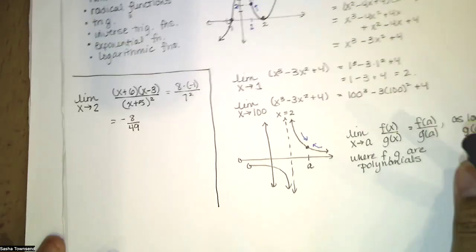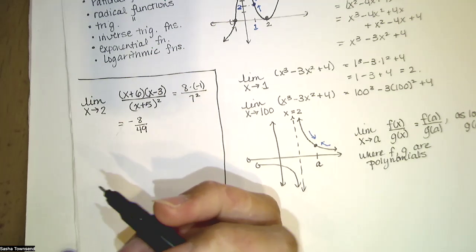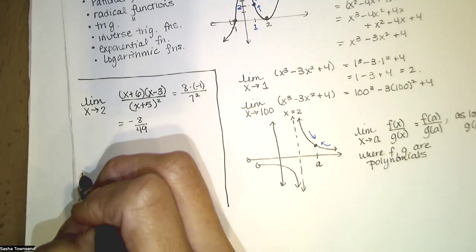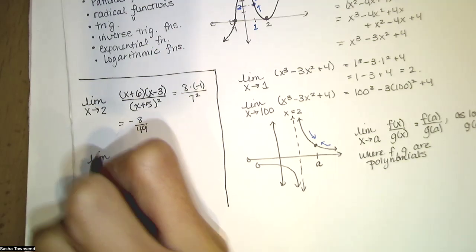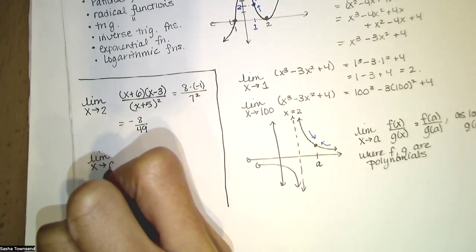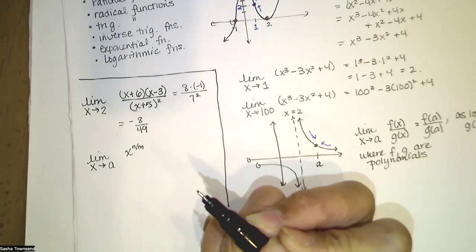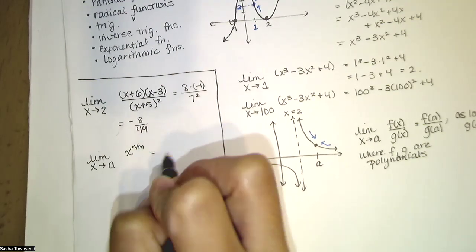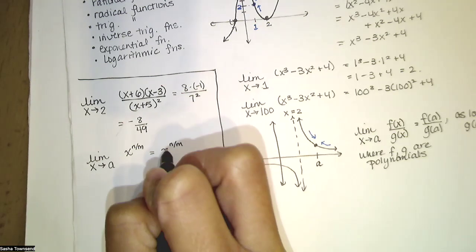The same thing is true for square root functions, cube root functions, fourth root functions, any expression with a rational exponent. So if we have the limit as x approaches a of x to the n over m, the answer is going to be x to the n over m evaluated at x equals a.